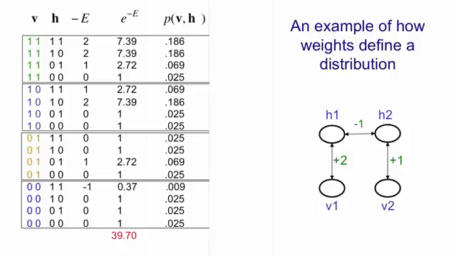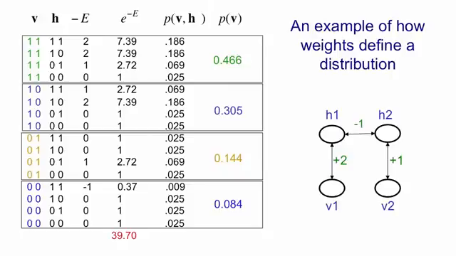There they all are. Now, if we want the probability of a particular visible configuration, we have to sum over all the hidden configurations that could go with it. And so we add up the numbers in each block, and now we've computed the probability of each possible visible vector in a Boltzmann machine that has these 3 weights in it.